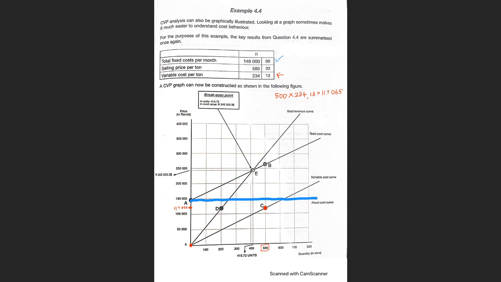In line with that, going across here, and in line with the 500 coming down here, you now have plot point C, and you can plot that line by drawing a line through both of those points. Okay, so that was your variable cost curve.